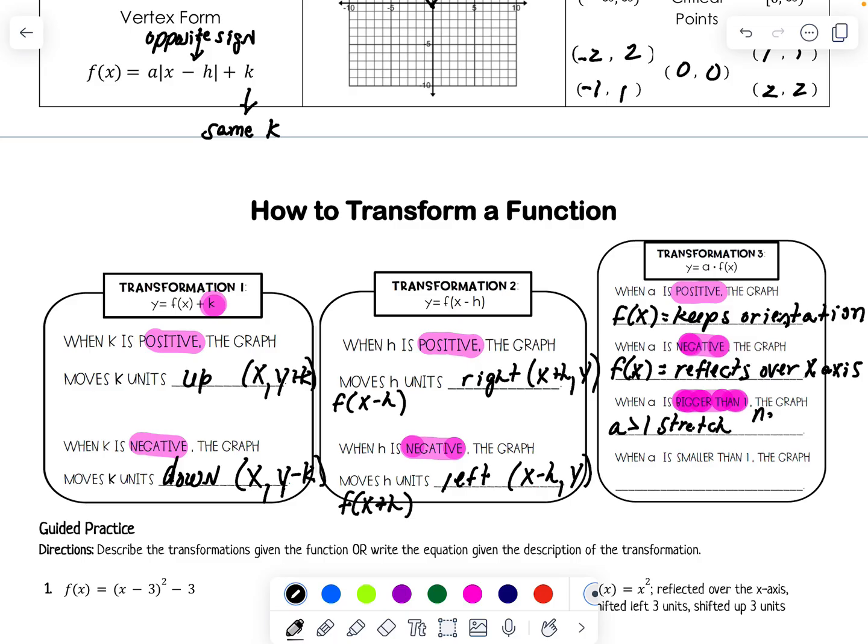This means it narrows and gets closer to the y-axis. Okay?